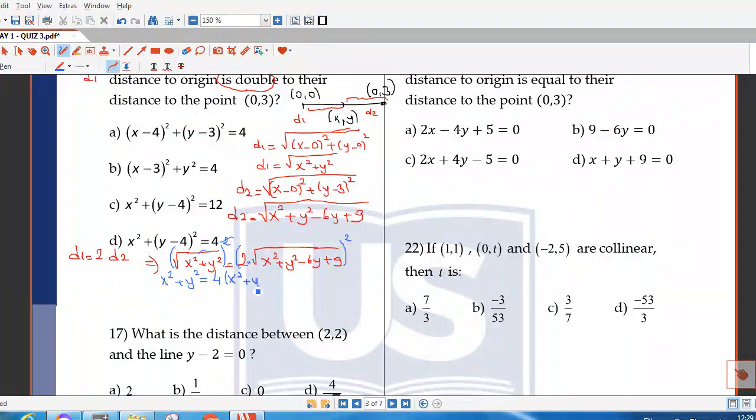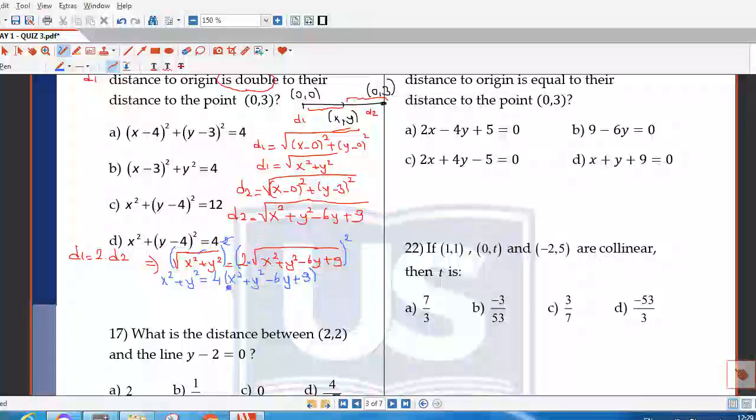X squared plus y squared minus 6y plus 9.